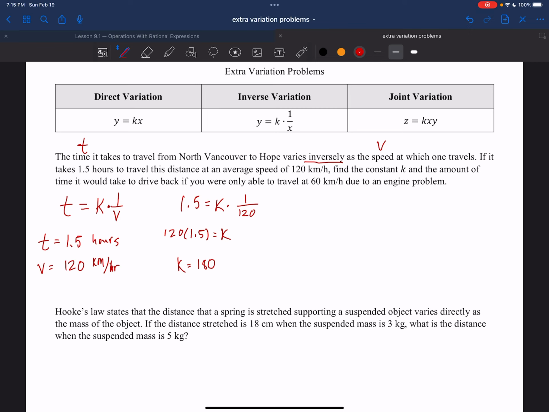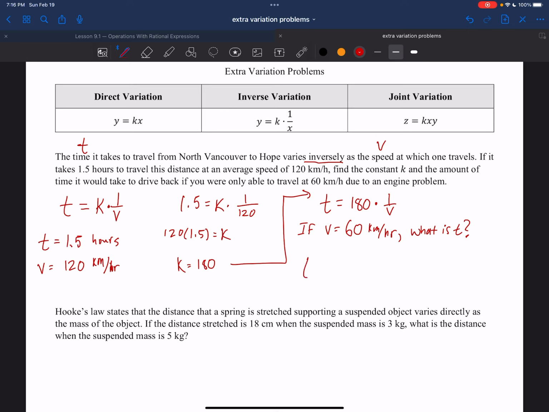Nice. So now we just want to make a prediction with this. So I know that the equation is now t equals 180 times 1 over v. So if v equals, now it's 60 kilometers an hour, I ask myself, what is t? How much time does it take to go back if it's 60 kilometers an hour?